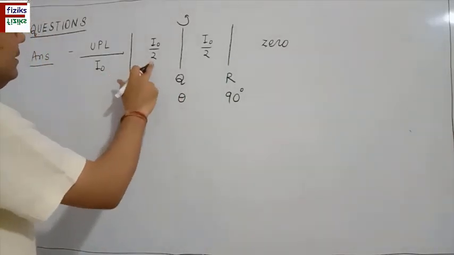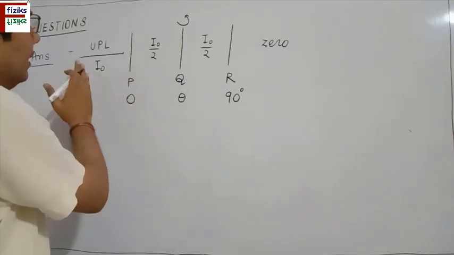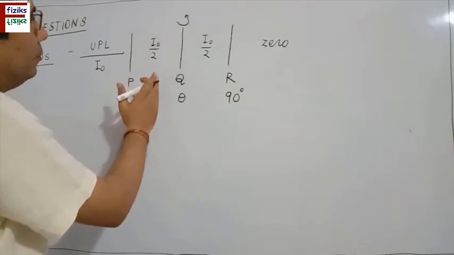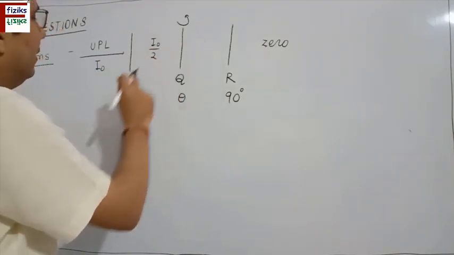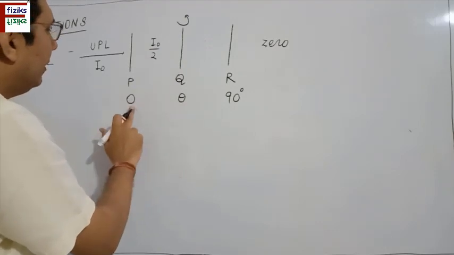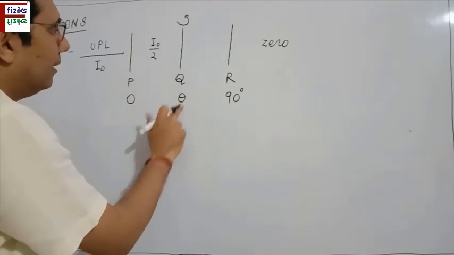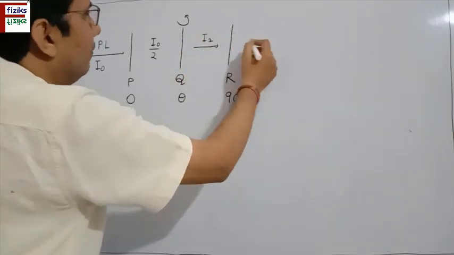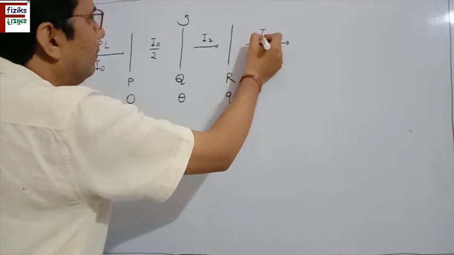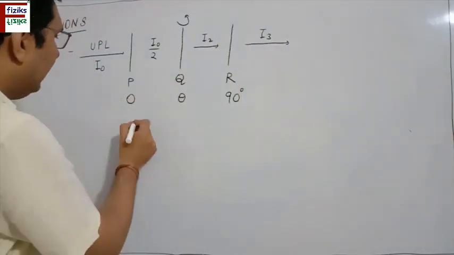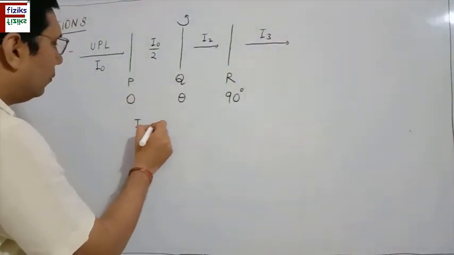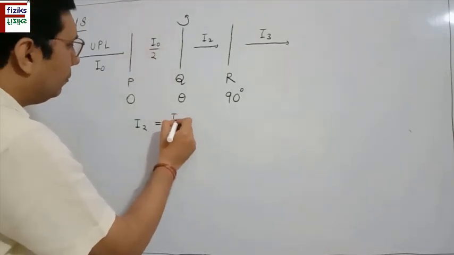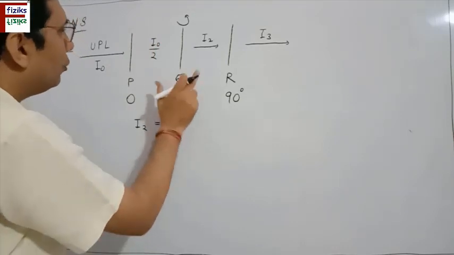When unpolarized light of intensity I0 passes through P, its intensity will be I0 by 2. Now the relative angular difference between the pass axes of P and Q is theta. So here we will have intensity I2, and here we don't have intensity 0, rather we have I3. I2 will become I0 by 2, the initial intensity, times cos square theta.